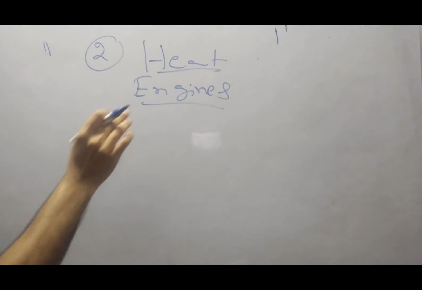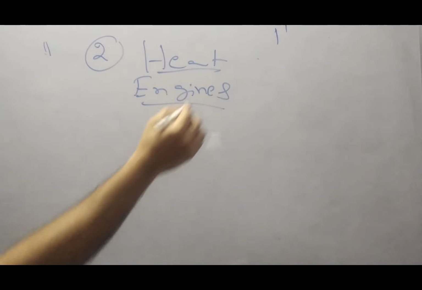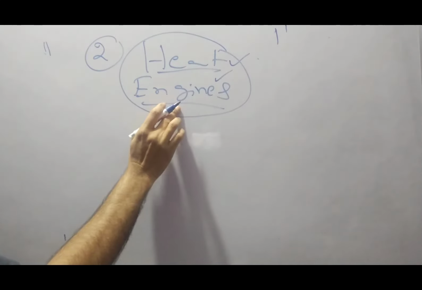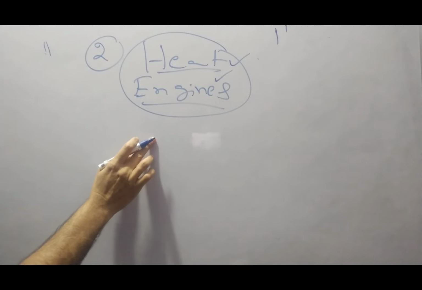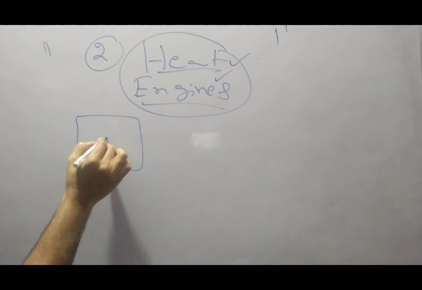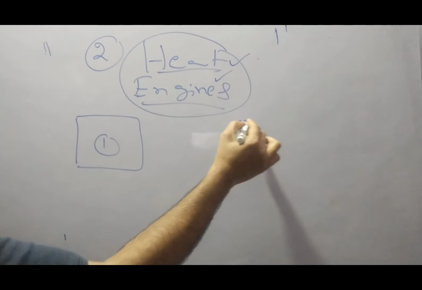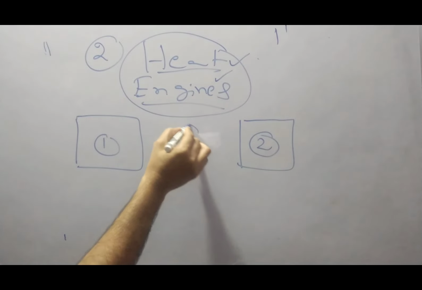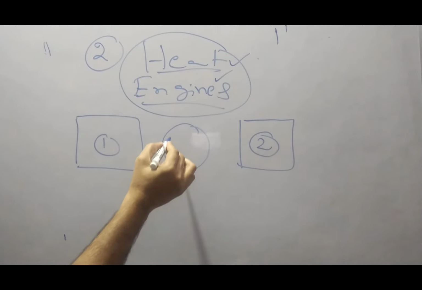Whatever statements we require for the second law, that only I am defining here. To run these heat engines, we require two reservoirs. Already I told you a reservoir is of infinite capacity. So this is one reservoir, and this is the second reservoir. We require two reservoirs to run this heat engine.